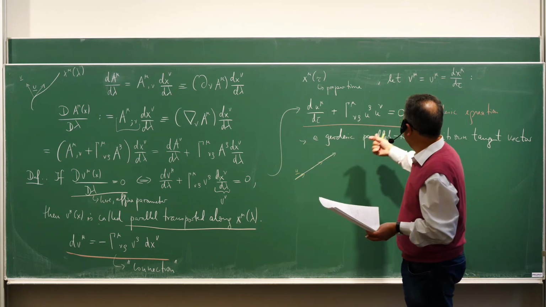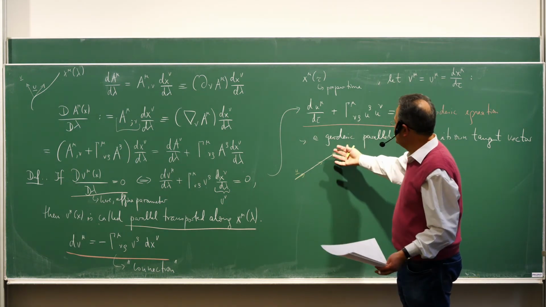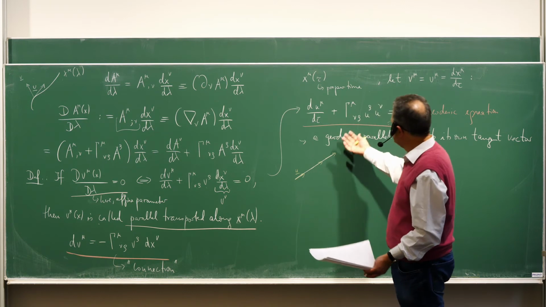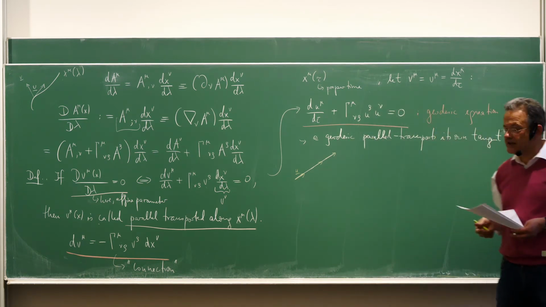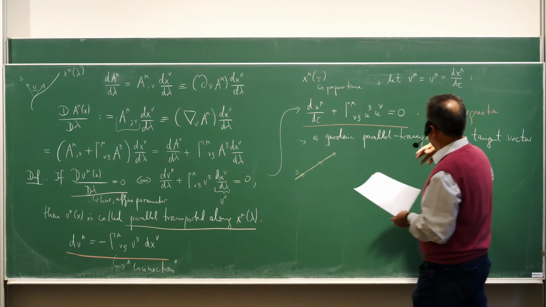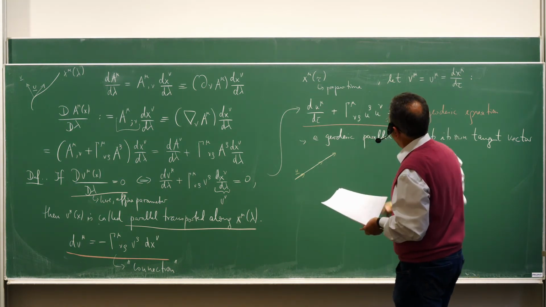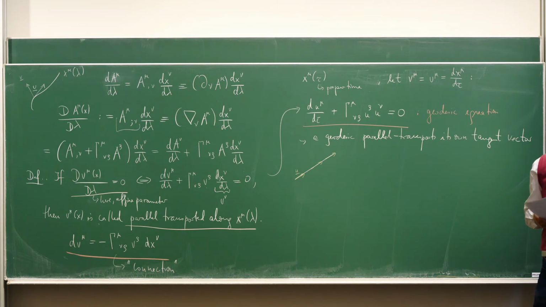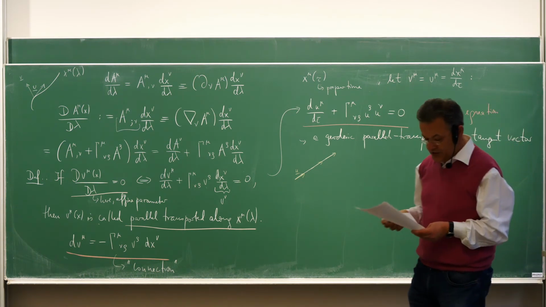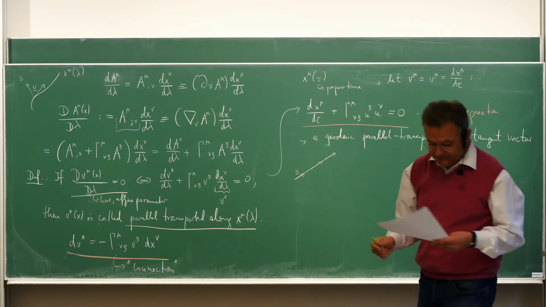Now in the curved space you no longer have these straight lines, but you have the geodesics that are as straight as possible, and they replace the straight line, and in this sense they have the same property. So they parallel transport their own tangent vector.